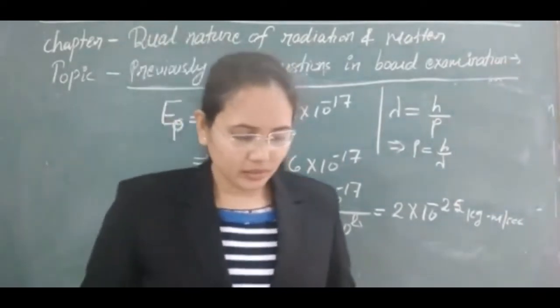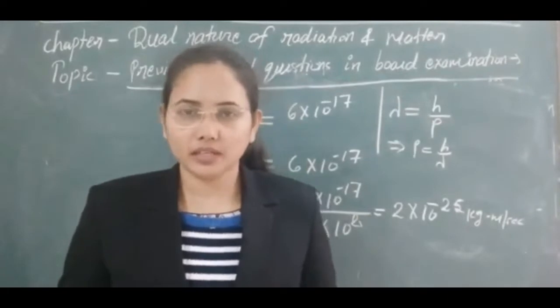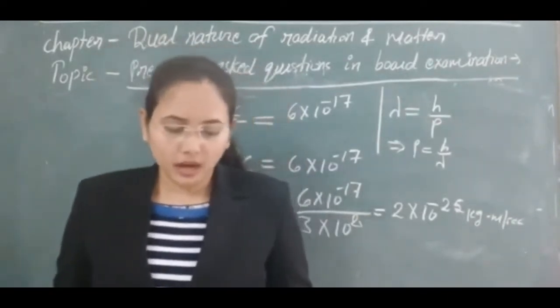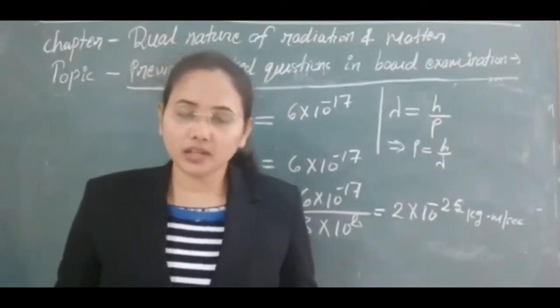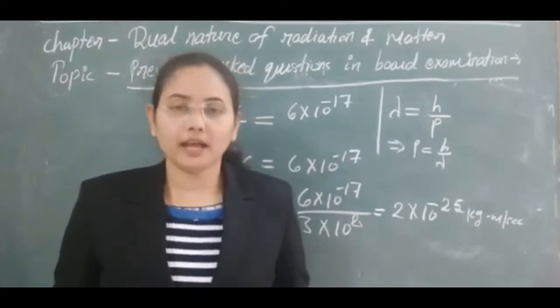So next question is asked a number of times and we have discussed it already, but still let me read it. How does one explain, using de Broglie hypothesis, Bohr's second postulate of quantization of orbital angular momentum?